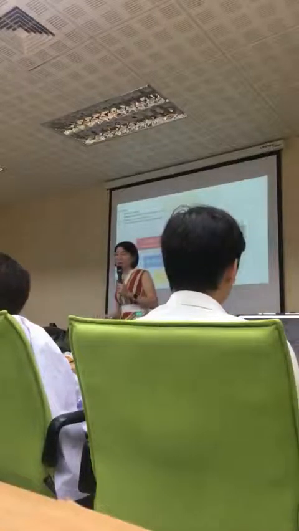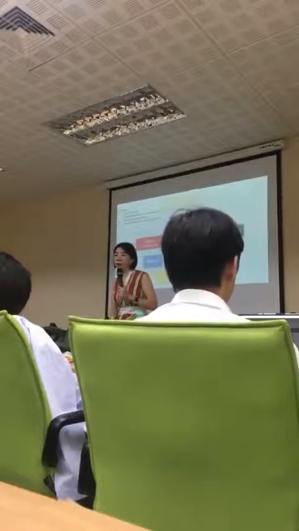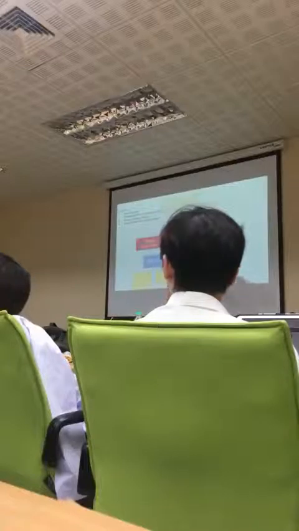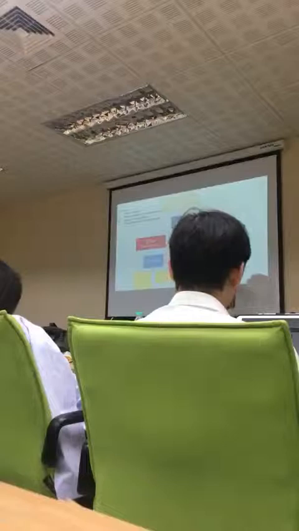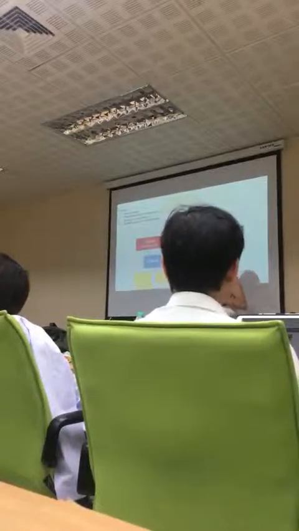Glossopharyngeal nerve. What kind of nerve? What number? Glossopharyngeal nerve is 9. It is a mixed nerve. Mixed means it combines sensory and motor, and then it also has parasympathetic.